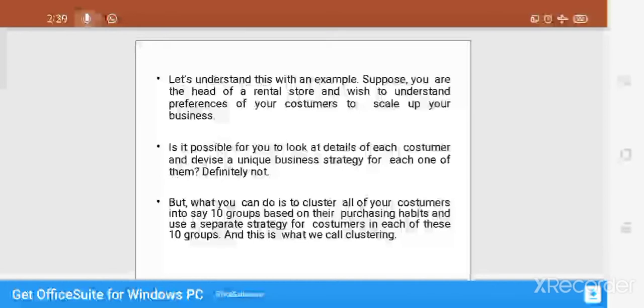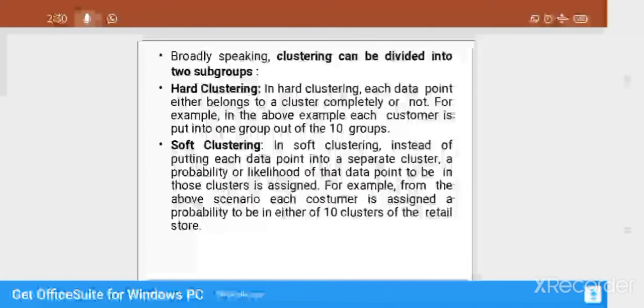This is what we call clustering. Depending on purchasing habits, we divide our customers into 10 groups and apply different strategies to all the 10 groups. That is nothing but clustering.